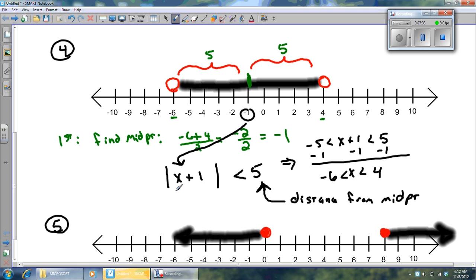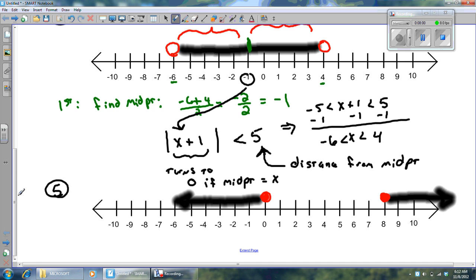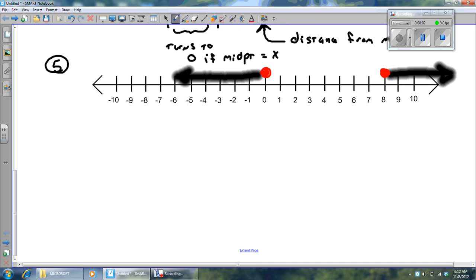The expression in the middle turns to 0 if the midpoint equals x. So if you substitute the midpoint in for x, your expression equals 0.